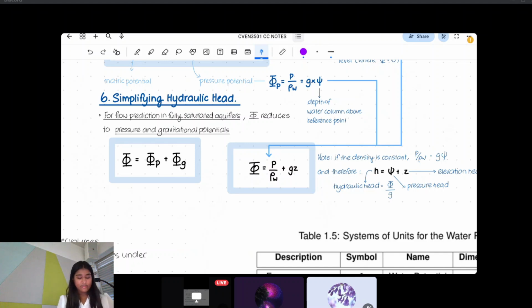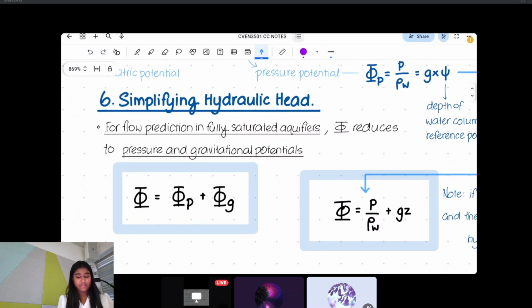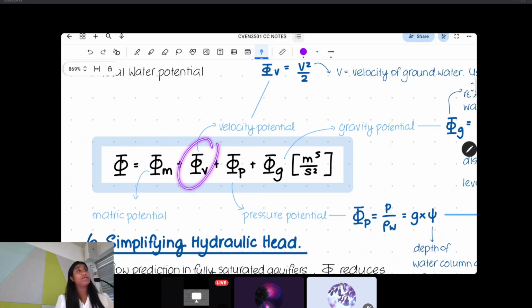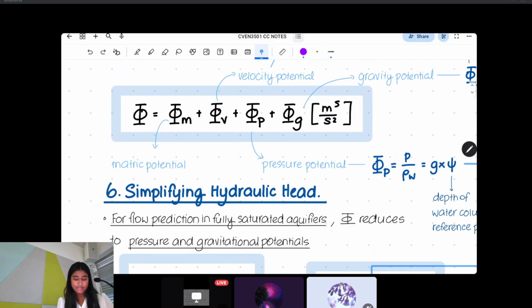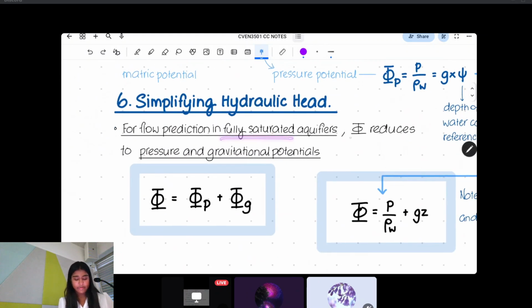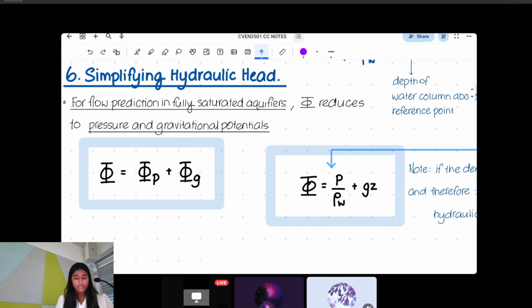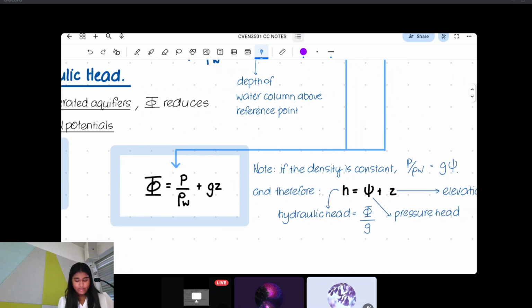This is basically me reiterating that. So the velocity potential that I talked about here won't be a factor that contributes any energy to the overall water potential because it is a fully saturated aquifer, right? So it's only the potential from pressure and gravity that comes into play there, right?